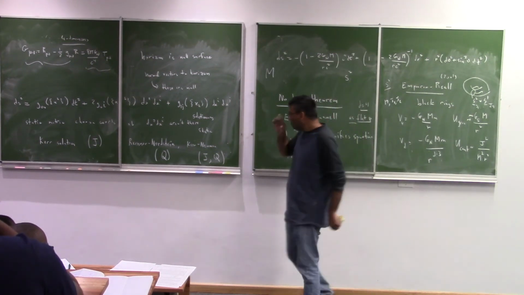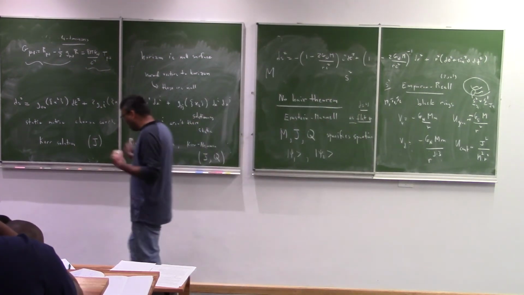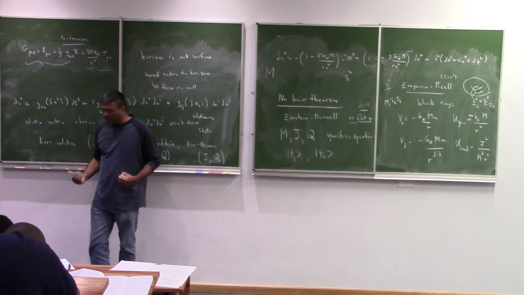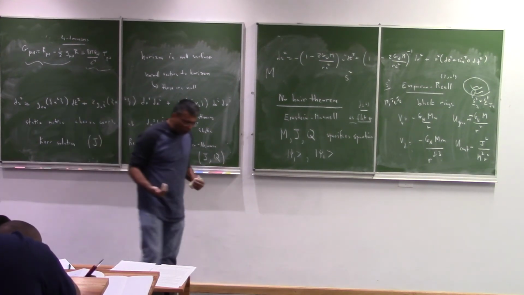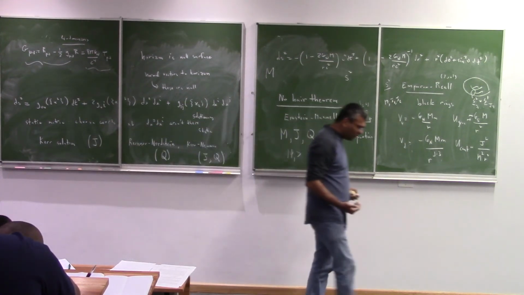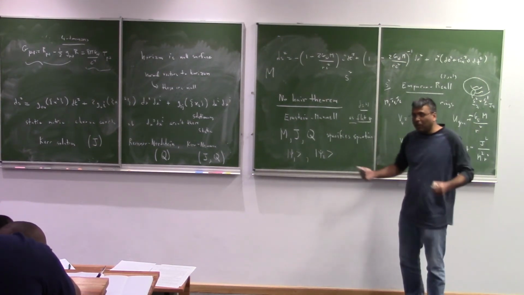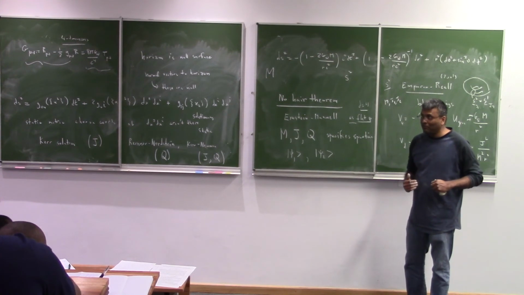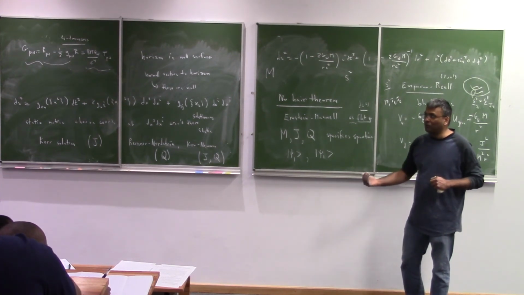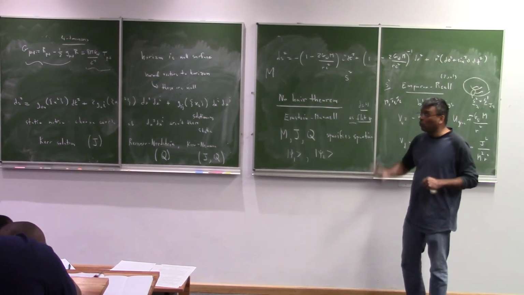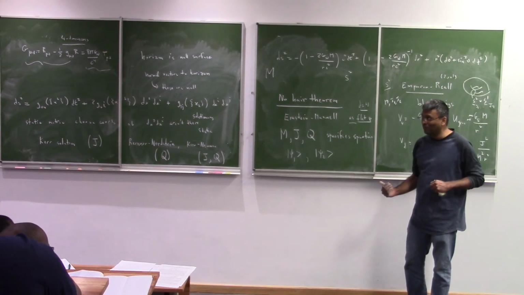So next time, I want to discuss black hole thermodynamics and discuss how black holes have properties of thermodynamic ensembles that you're familiar with. In particular, black holes have entropy. Now, when someone tells you something has entropy, they're really telling you there are quantum states in the system you can count.